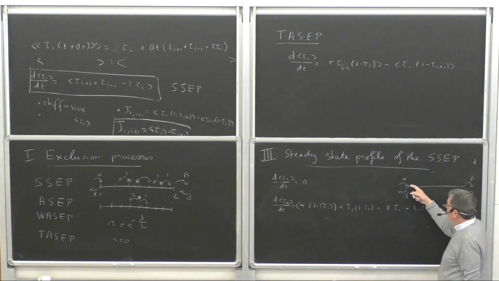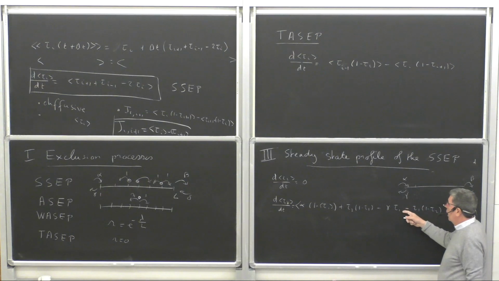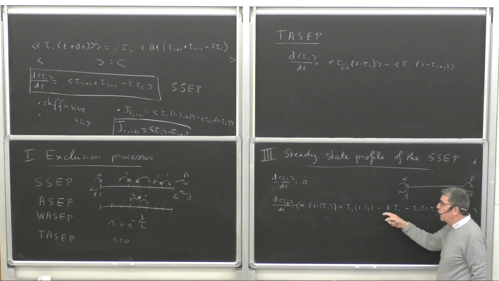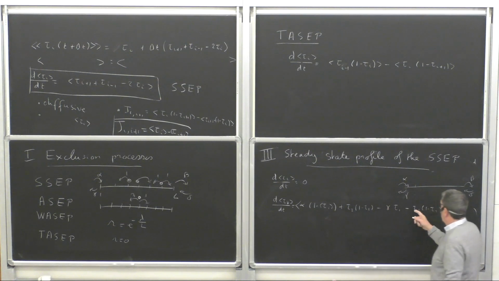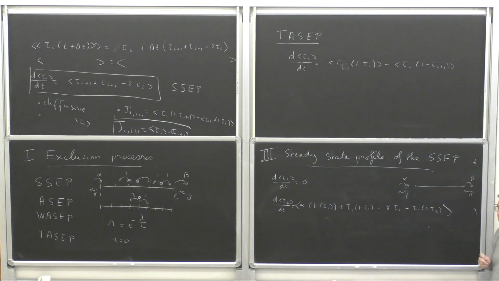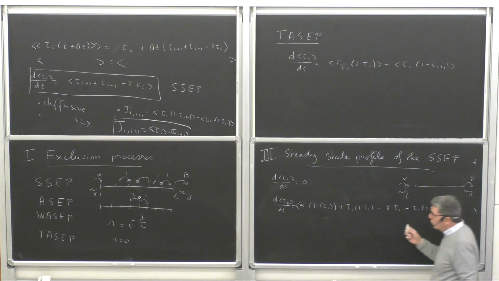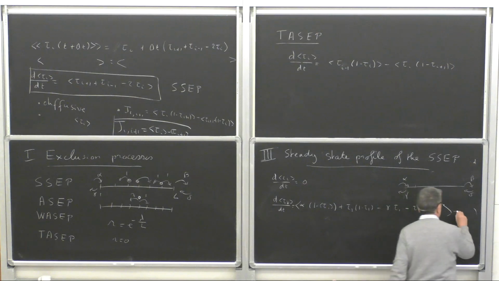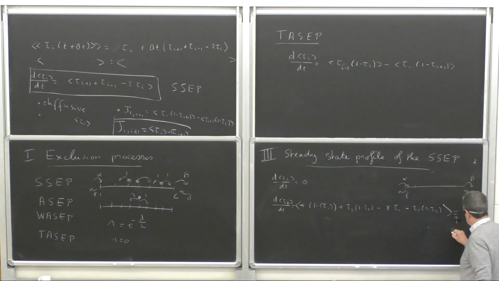Or it was occupied and the particle left with rate gamma, so this made τ_1 decrease, or it was occupied and site 2 was empty and it could move there. So this is an evolution, and in the steady state I have this equals 0. That's steady state.